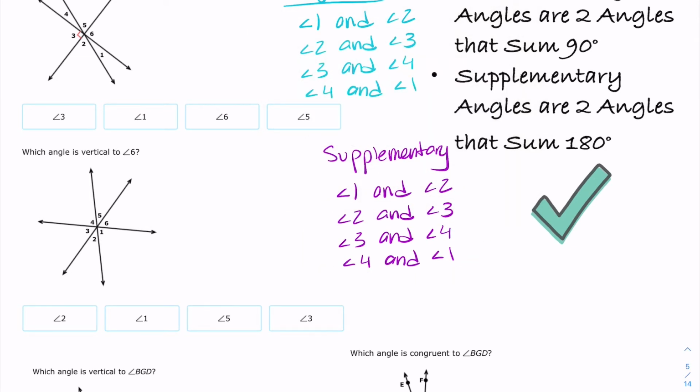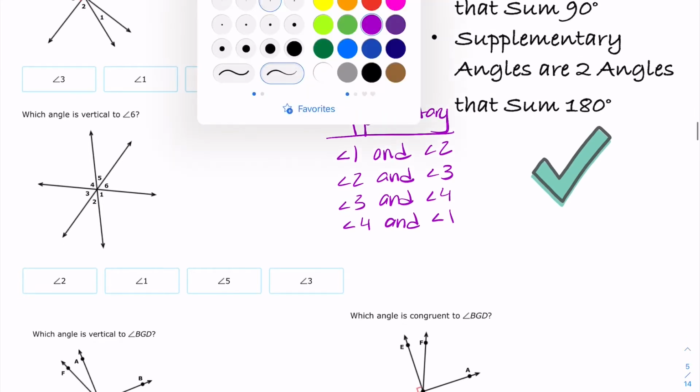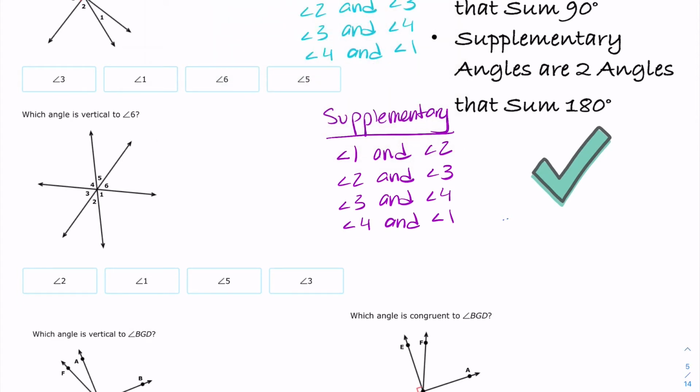So that's our supplementary. What's really cool about supplementary is that if angles are supplementary and adjacent, they're called a linear pair.